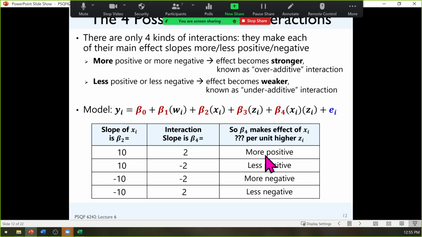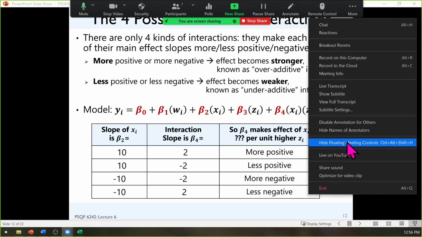So there's only 4 kinds of interaction terms. We just have to figure out which of the 4 you're dealing with, and then you'll know how to talk about it. So if I had a main effect slope of x here that was positive, and I had an interaction term, it's beta 4 in this model, that's positive, then the way that I would talk about this is that the effect of x, so the slope as the unit of the sentence here, the slope for x becomes more positive as z increases.